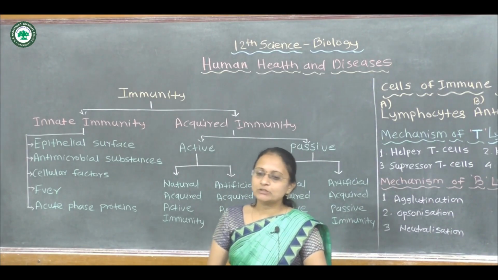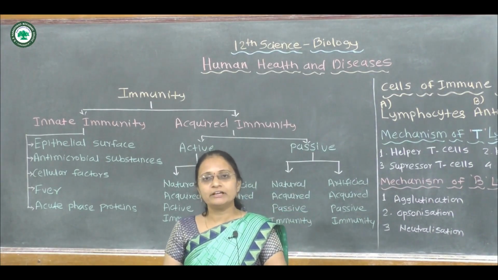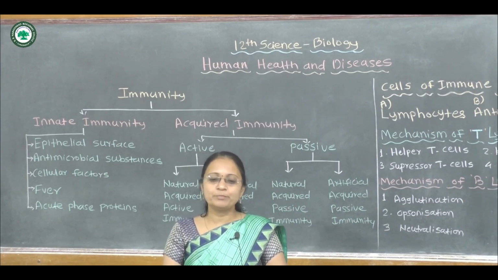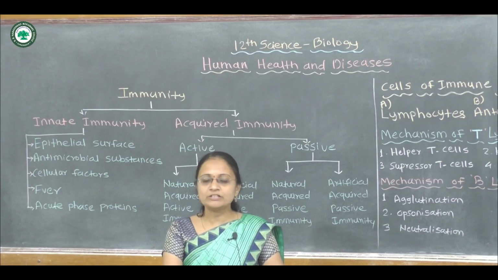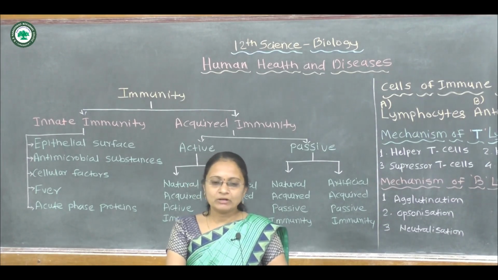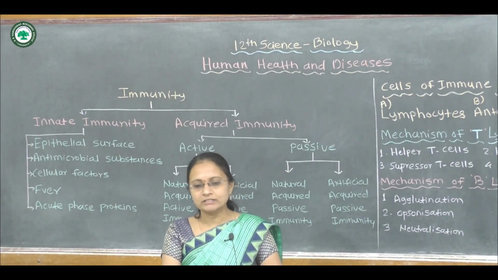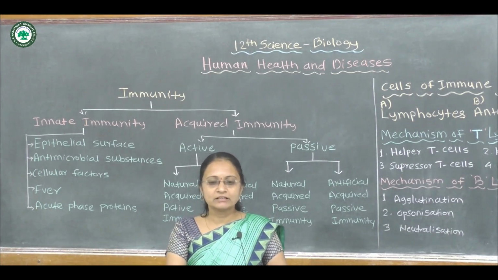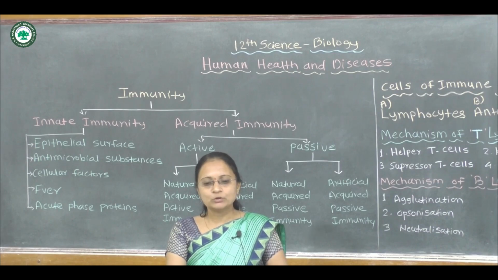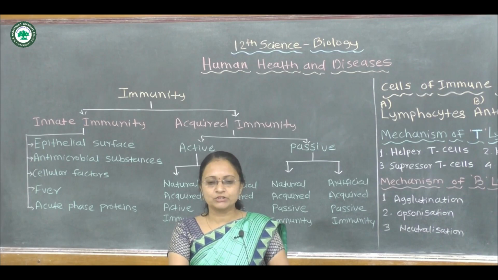When microbial pathogens enter, they activate these substances and the complement cascade to eliminate the pathogen. Interferons are a class of cytokines released by cells infected with viruses, and certain WBCs, to stimulate other cells and prevent themselves from viral infection.